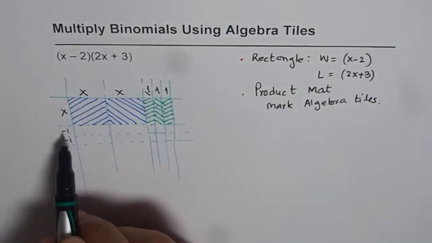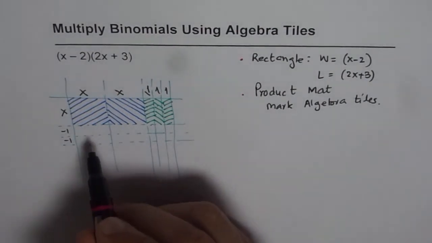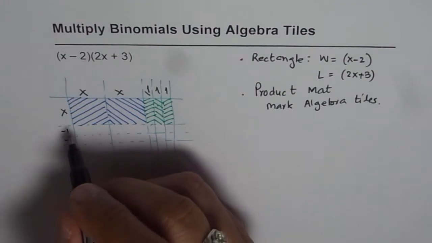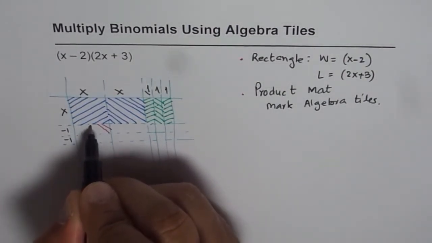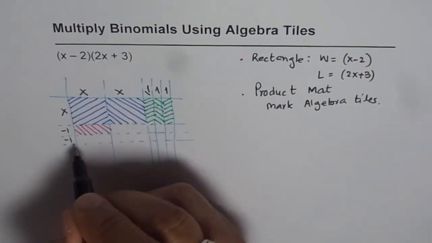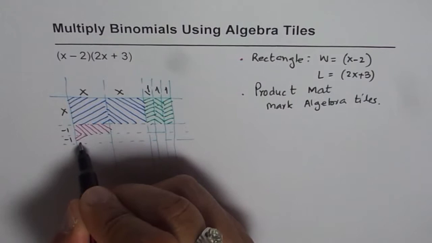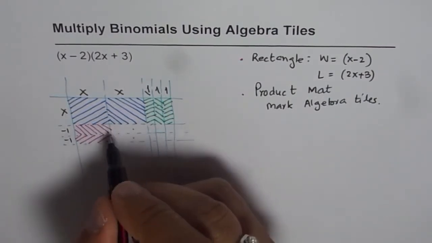Now minus 1 times x gives us minus x. So we need a negative. So that is the red tile. So this is the red tile, which represents negative x. So these are 2 here and 2 here also.